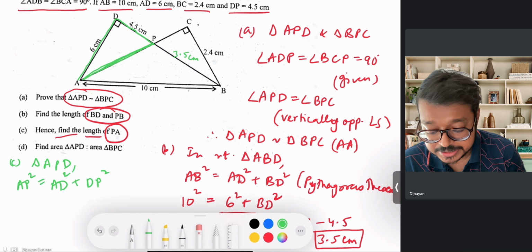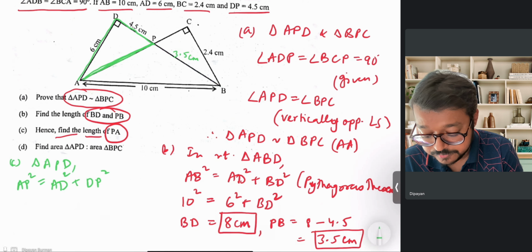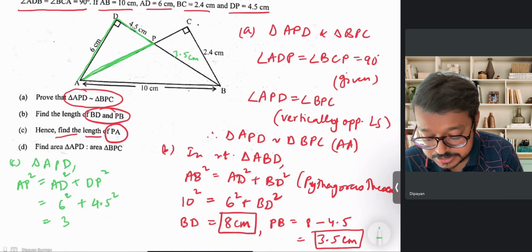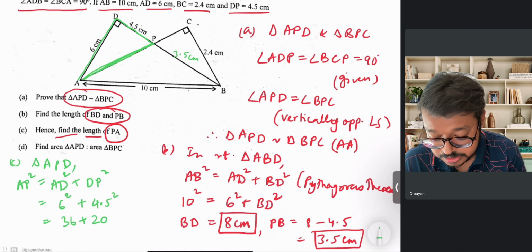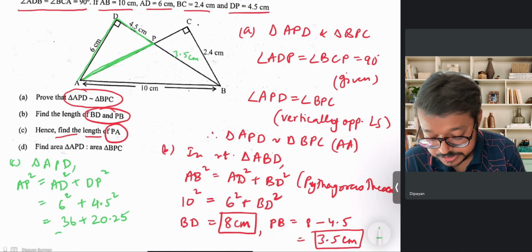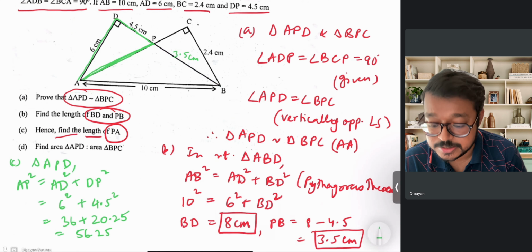And if I do that calculation, I will get 6 square plus DP is 4.5, so 4.5 square. 6 square is 36, 4.5 square is 20.25, so this sum is 56.25. So AP square is 56.25.